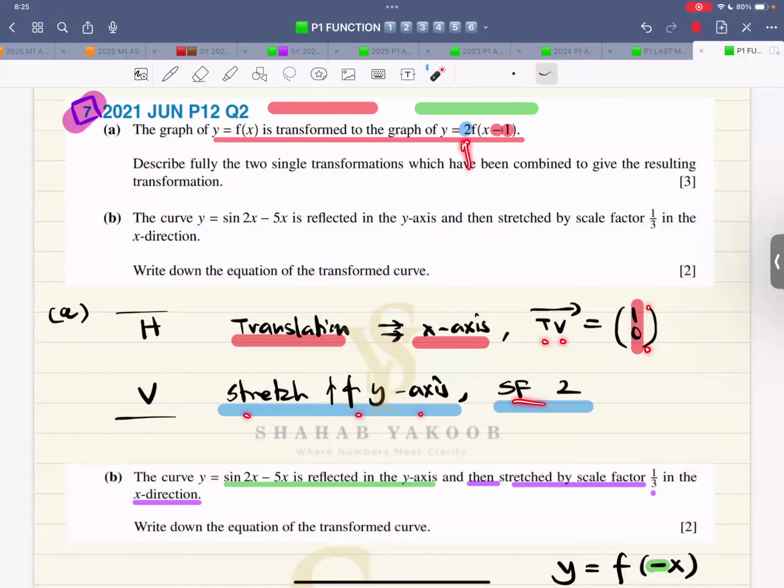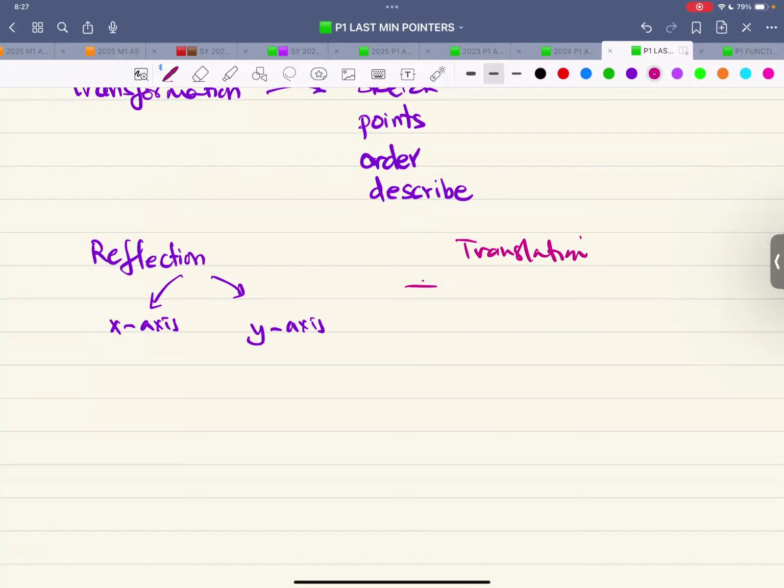Transformation, sketch, points, order, writing things down. You have to describe the transformation. So if it's a reflection, you describe this is in the x-axis, or the reflection is in the y-axis. That is more than enough for reflection. When we talk about translation, we say parallel to the x-axis, and then we have to give the translation vector.